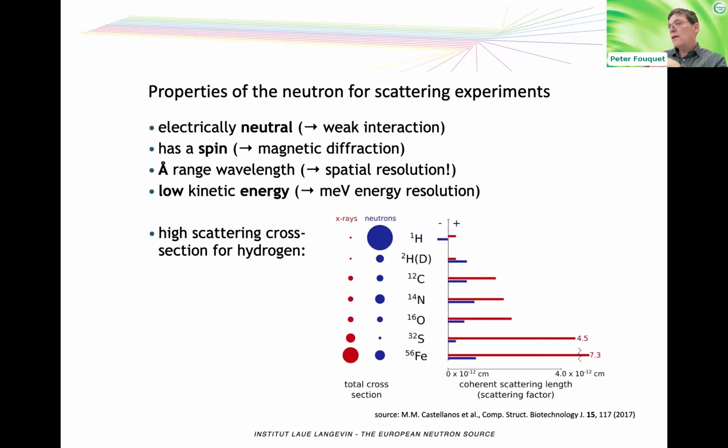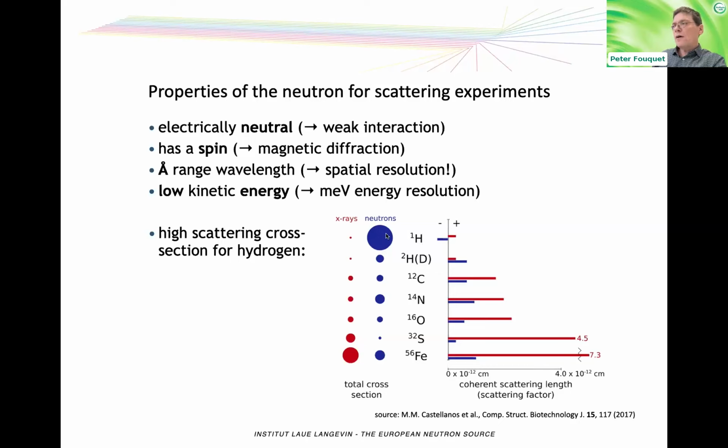And what's very interesting, that makes the neutrons very complementary to X-rays. That's shown here on the right-hand side graph. When you look at the scattering cross sections of X-rays on the left and neutrons on the right, you see that for X-rays, the scattering cross section is guided by the number of electrons in the material, in the atoms.